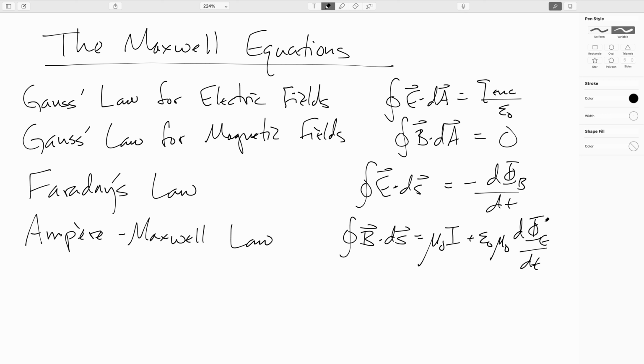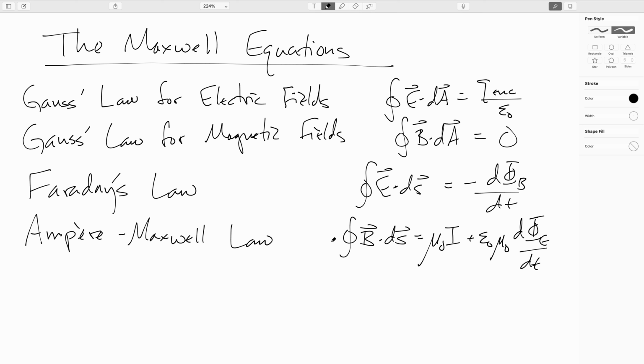Now what this says is that there are two ways to make a magnetic field. One way, this term here, is to have a moving electric charge. The other way is to have a time-varying electric flux. Either of these ways will create a magnetic field.